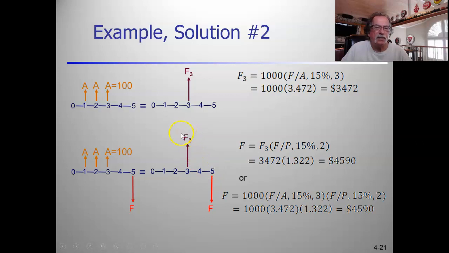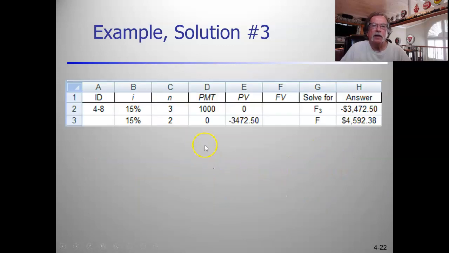So we're treating this as a P, and this is an F. So this is P times 1 plus 0.15 squared. We get the same value. Or method 3, well, this is basically the same thing. This is method 3. Solution 3 is doing it in Excel.